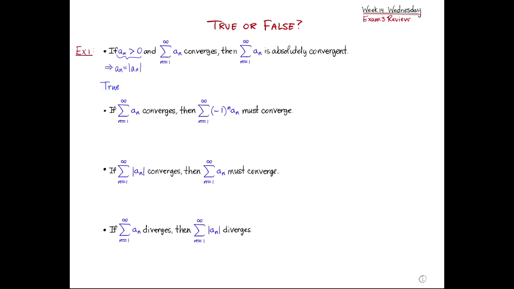If the sum from n equals 1 to infinity of a sub n converges, then the sum from n equals 1 to infinity of the absolute value of a sub n converges. And so the sum of a sub n is absolutely convergent by definition.